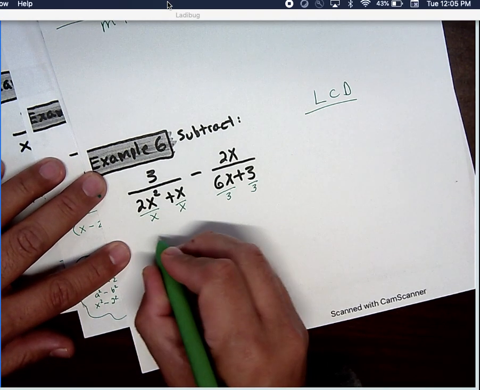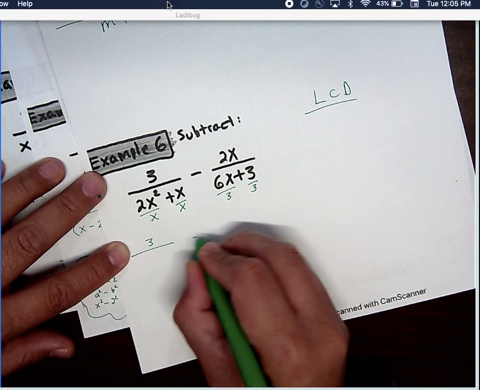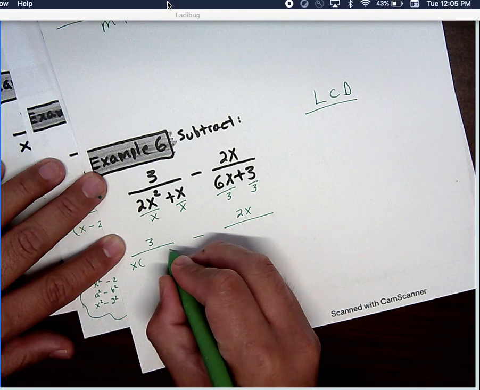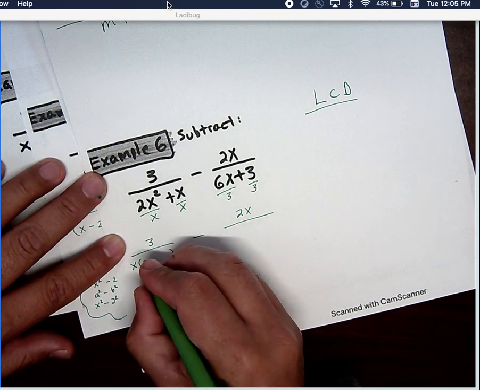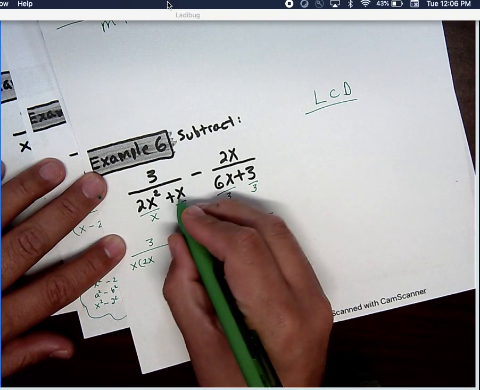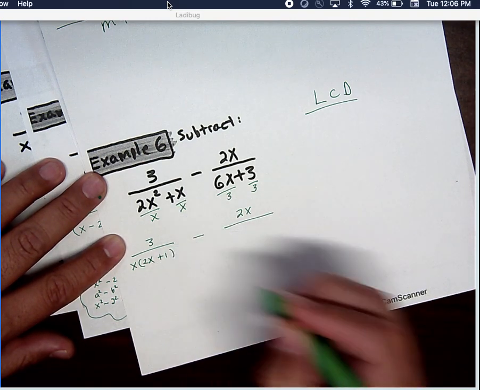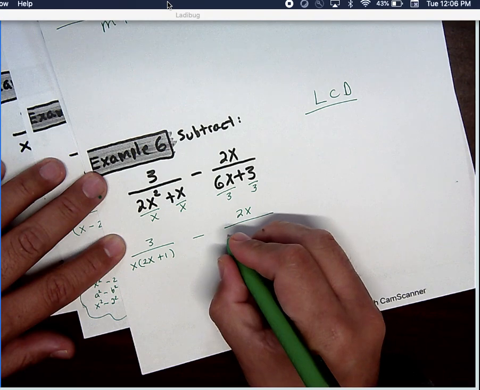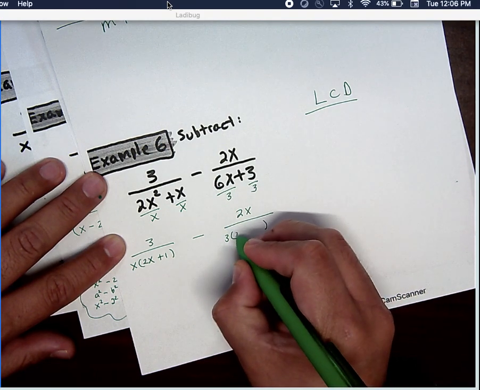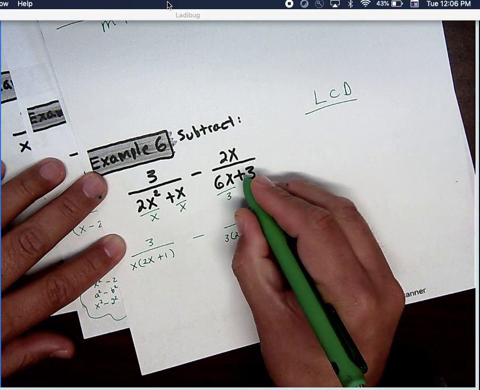So let's rewrite this. Here we have the x outside, 2 over nothing, so it's just 2, and then x squared over x becomes 1x, and then x over x is plus 1. And then we have the 3 outside, so 6 over 3 would be 2, and then the x, 3 over 3 is plus 1.